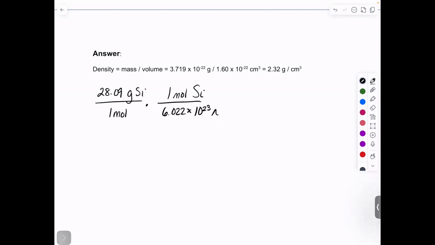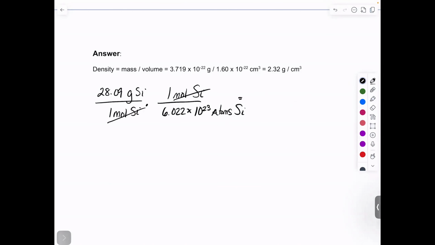So atoms, silicon. Okay. And last but not least, if we stop here, we'll just figure out how many grams per 1 atom of silicon. So actually, I will back it up here, and we'll start there.